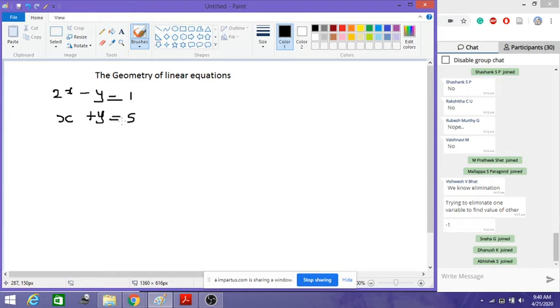Here if we look into these equations and try to solve this, we will get the values of x and y as 2 and 3. So let us find it with the elimination process. We know how to find it.